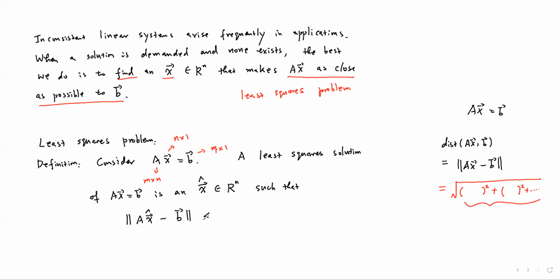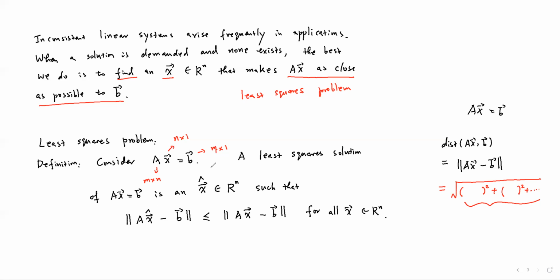That means it is less than or equal to the length of A times any x in Rn minus b, for all x in Rn.